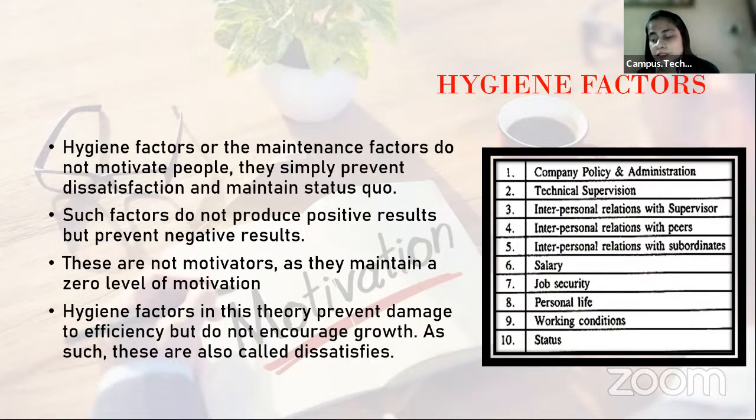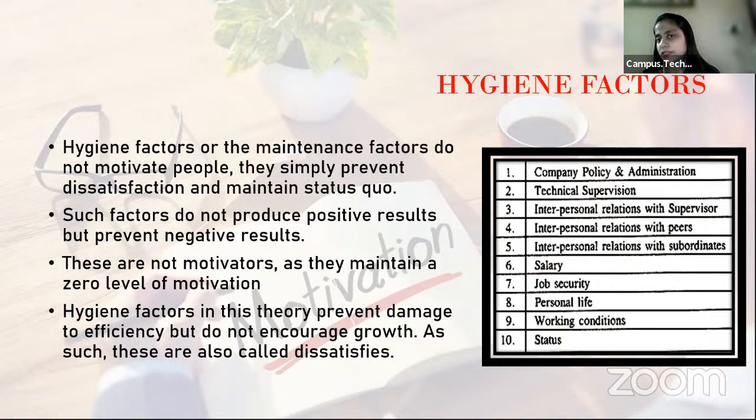Technical supervision: what technical supervision do they get? Interpersonal relation with superior: what type of relation does a person have with the superior, with the peer, with the subordinate? This interpersonal relation is what we call the culture of the organization, which is very important.